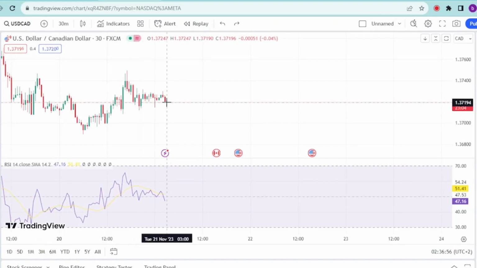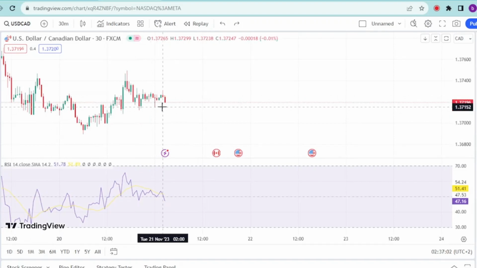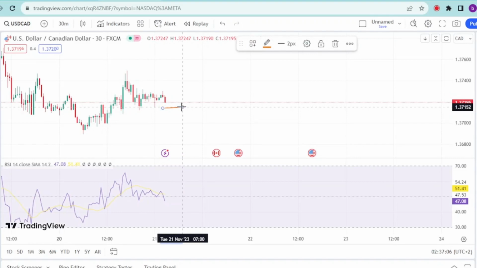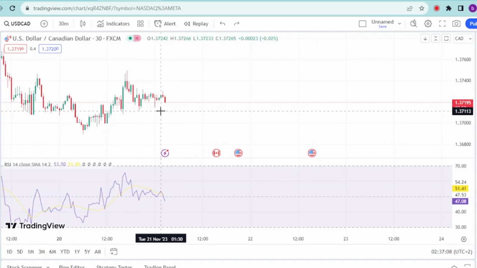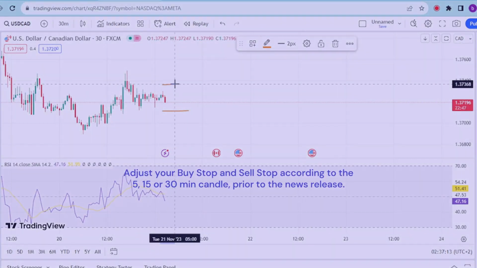So let's say, for argument's sake, this is the candle prior to the news release. You would put your sell stop somewhere here, and your buy stop here. One of them is going to be triggered.